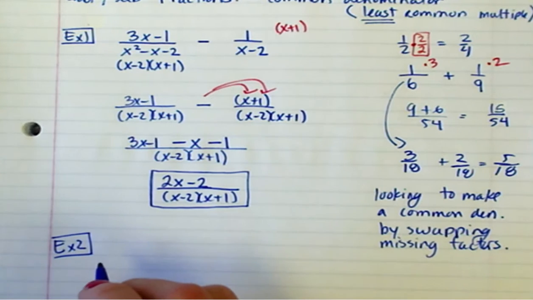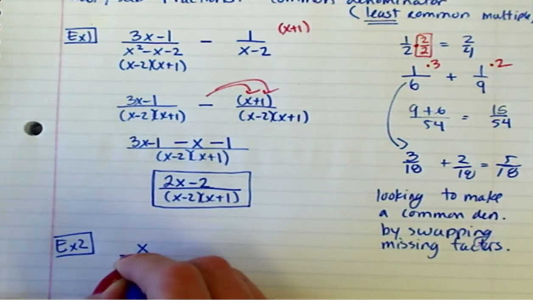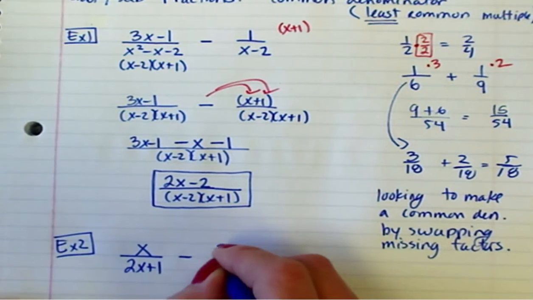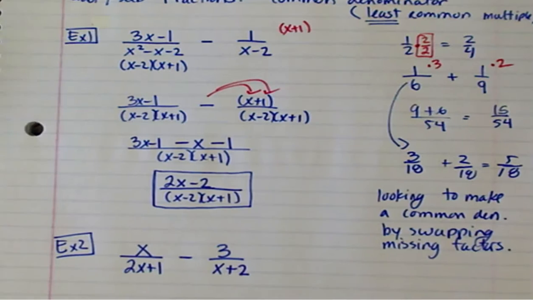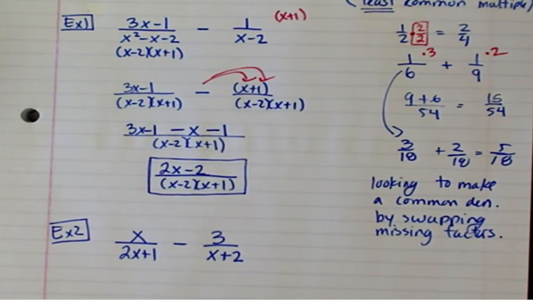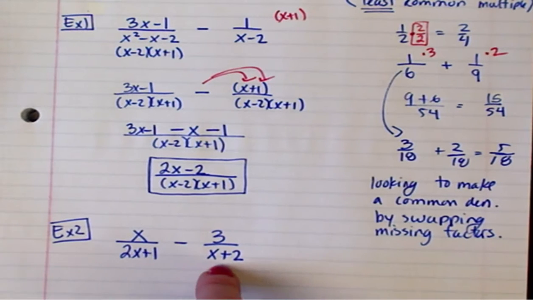Okay, so let's try this one. x over 2x plus 1 minus 3 over x plus 2. It looks like they both have one factor each: 2x plus 1, x plus 2.